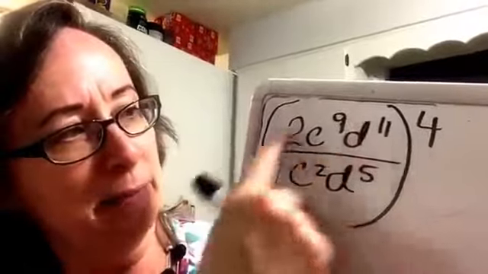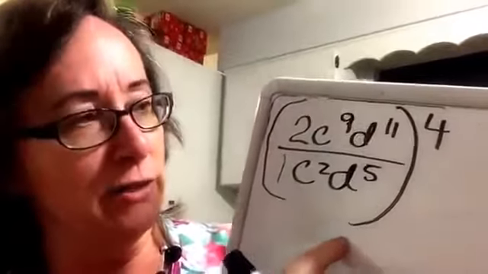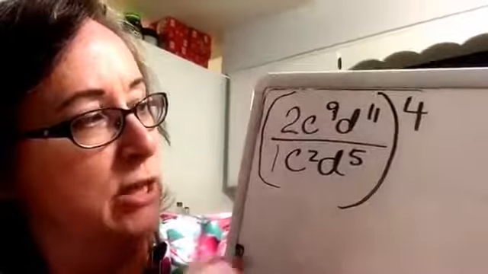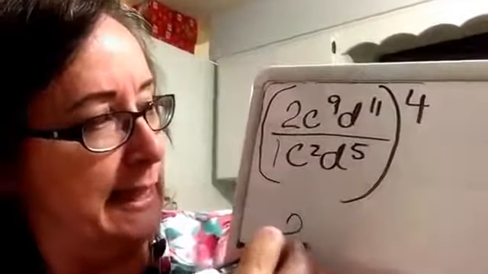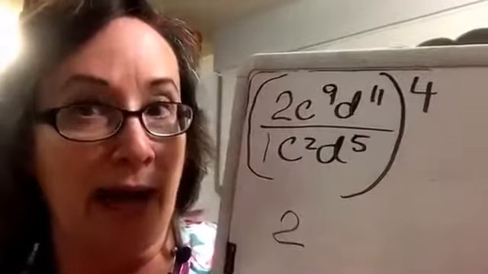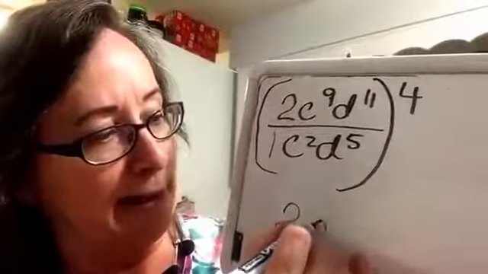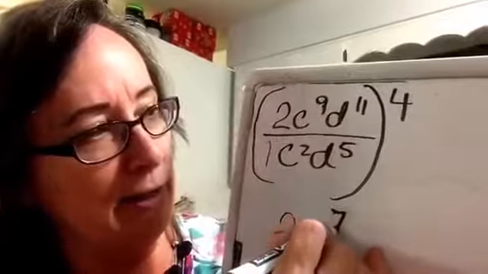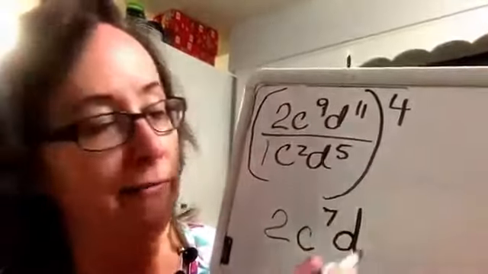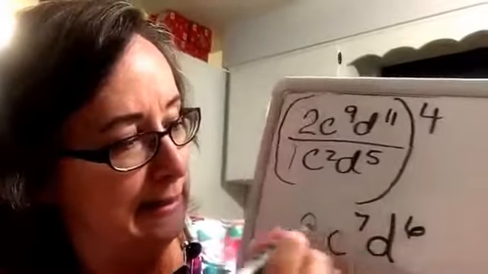And I'm going to simplify what's inside first and then raise the whole thing to the 4th power. So I'm going to have a 2 inside. And my c to the 9 and my c squared, when I divide, I subtract the exponent, so I get a c to the 7 and a d to the 11, take away 5, which is 6.